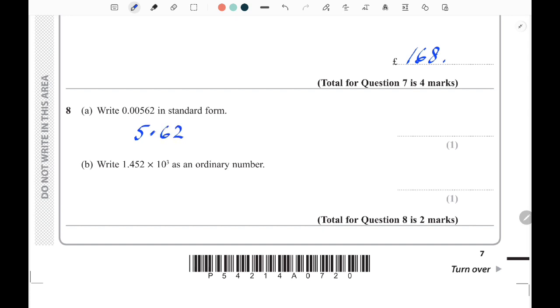All right, because the rule in standard form, a times 10 to the power b, let's say, is that a must be between 1 and 10. Okay, so a has to be less than 10 and greater than or equal to 1. So it's got to be in that range.